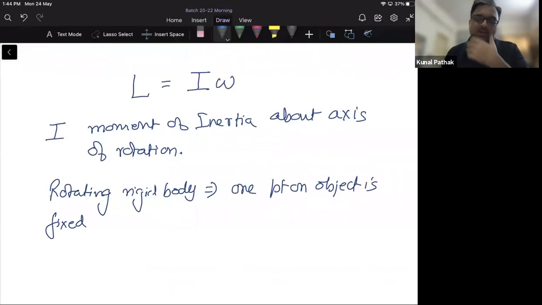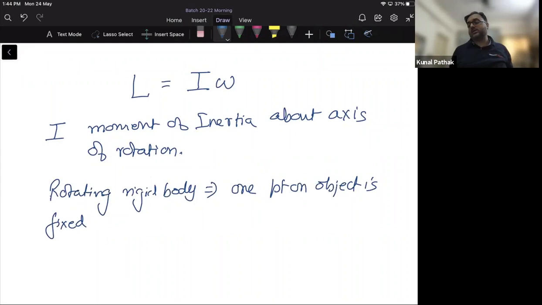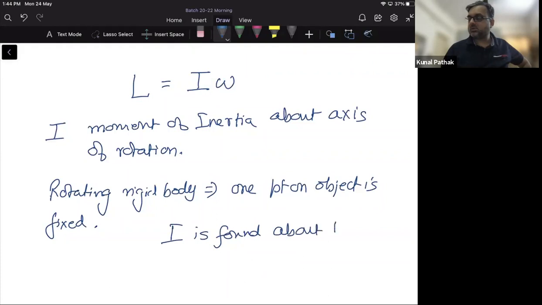The point does not really have to be on the object, but one point is fixed. And I is found about this fixed point. ठीक है, इसमें कोई डाउट किसी को नहीं होना चाहिए क्योंकि यहाँ पे कोई एम्बिग्युइटी नहीं है.